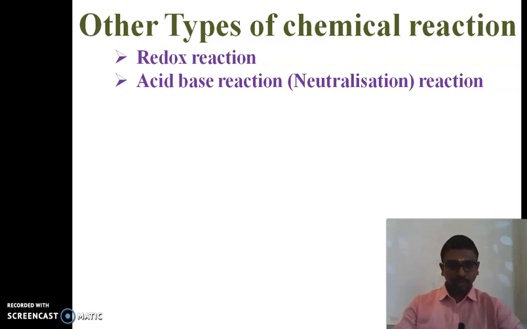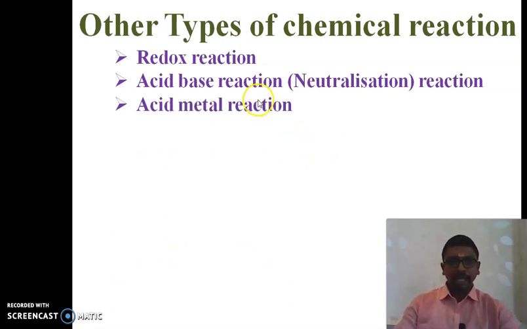What is the formula for sodium hydroxide, children? NaOH. And we take an acid, hydrochloric acid. Its formula is HCl. When they react they form salt. Here the salt formed is sodium chloride, NaCl, plus H2O. This is the example for neutralization reaction.